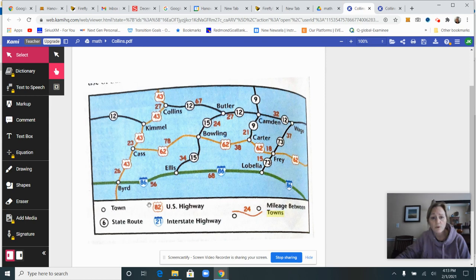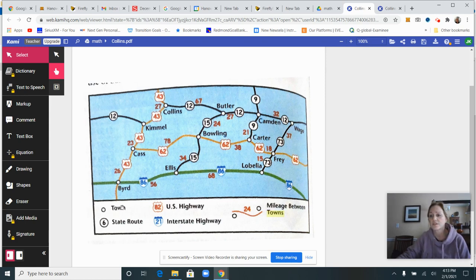So on this map, a town is represented with the little circles. So we here have the town of Bird, then Cass, Kimmel, Collins, Ellis, Bowling, Butler, Camden, Carter, LaBella, Frey, and Wago. So the towns are represented with the little circles.